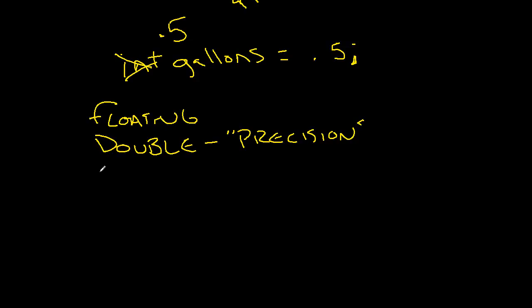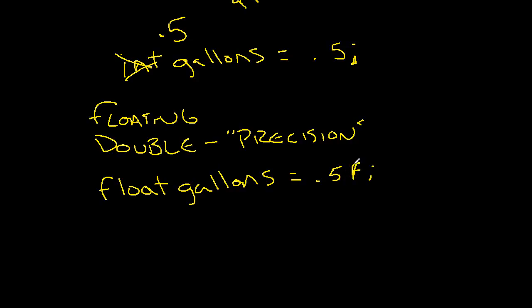So anyway, if I say float gallons equals 0.5f, and you don't have to put the f there, but it does explicitly tell the compiler that this is a floating point value. It's nice to put. You don't have to. I think you're probably supposed to, I should say.